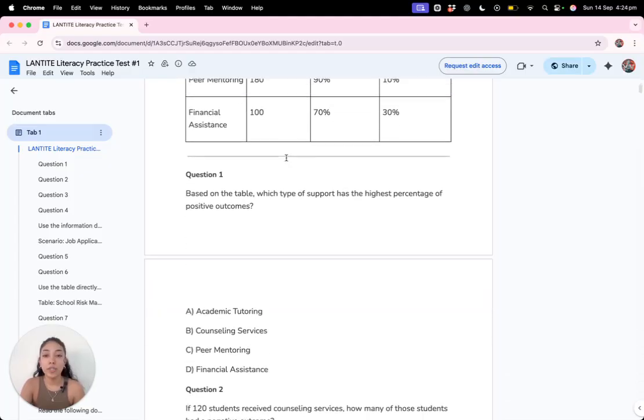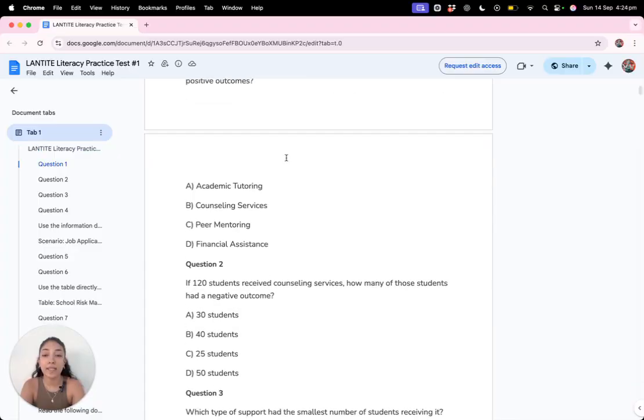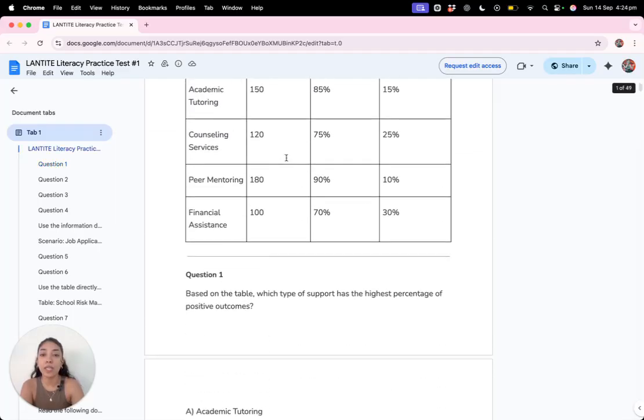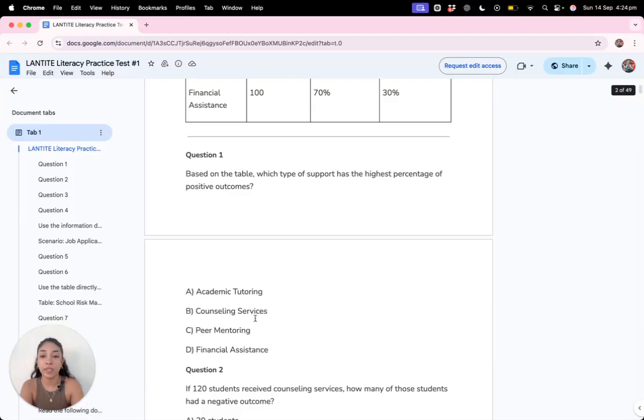So question 1, based on the table, which type of support has the highest percentage of positive outcomes? And we have some possible answers here below. A, academic tutoring, B, counselling services, and C, peer mentoring, and D, financial assistance. Now remember, these are reading questions, so we need to read the table up here to be able to answer the questions below here.